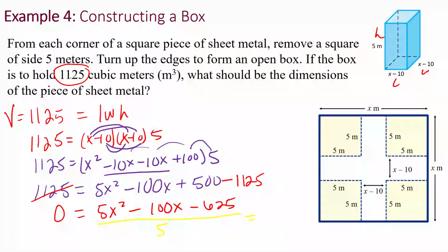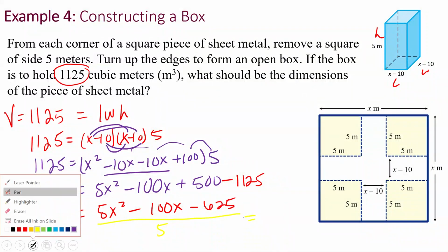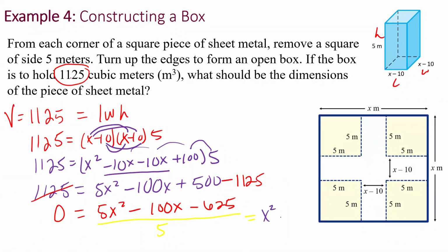So when I divide everything by 5, we have x squared minus 20x minus 125. Yeah. Okay. So at this point, you have a choice.